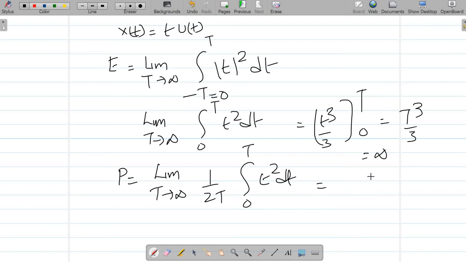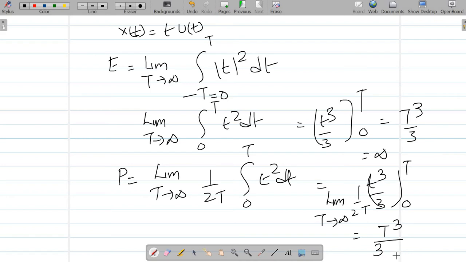So this will become T cubed divided by 3 times 2T, and if I apply the limit, this will be infinity.